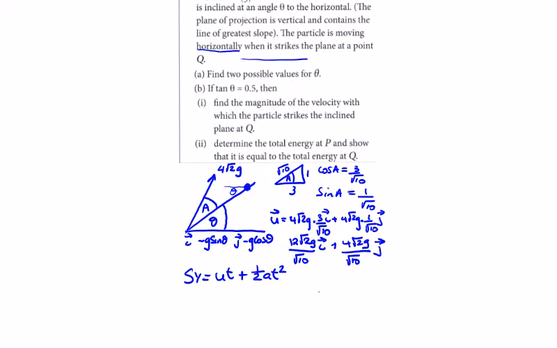And we don't have any values for theta, so we're going to find these. So we have u in the j direction, 4 root 2g over root 10 times t, minus 1 over 2 by the acceleration, which is minus g cos theta, which we have the minus in already, so g cos theta by t squared. This is going to be equal to 0.